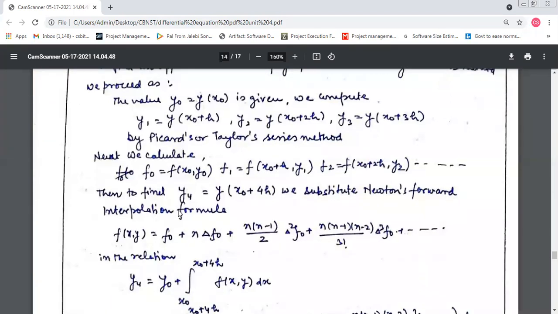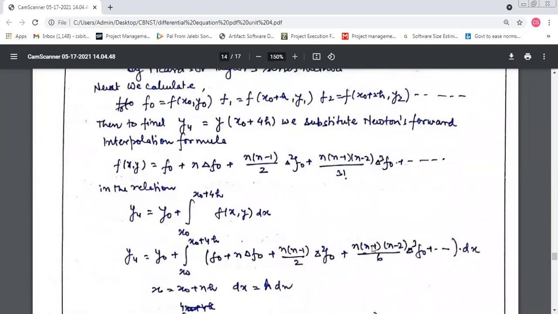Then the final value, that is y4, will be calculated as y(x0 plus 4h). We substitute Newton's forward difference formula. So Newton's forward difference formula, as we know, is f(x, y) is equal to f0 plus n delta f0 plus n(n minus 1) by 2 delta square f0 plus n(n minus 1)(n minus 2) upon factorial 3 delta cube f0.